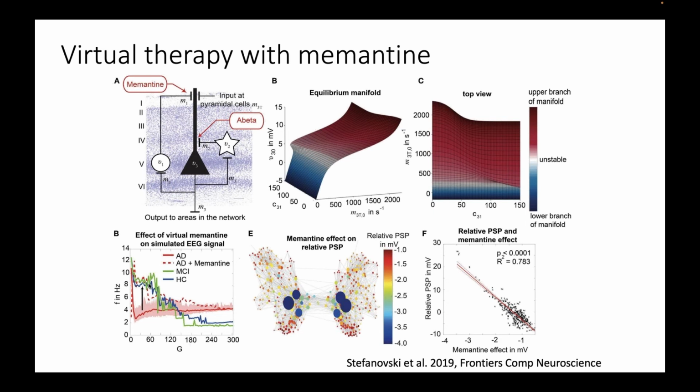So when you record an EEG in Alzheimer's patients, you often see these theta slowings, and after memantine, you get an improvement and you get again more alpha activity. So just from the theoretical background and the mathematics, we could reproduce a phenomenon that was observed in empirical science before. And also, not surprisingly, the effect of the memantine was strongest in the hubs, where also the most excitation took place. So although it was applied homogeneously to the brain, it acted mostly there where also the activity took place.